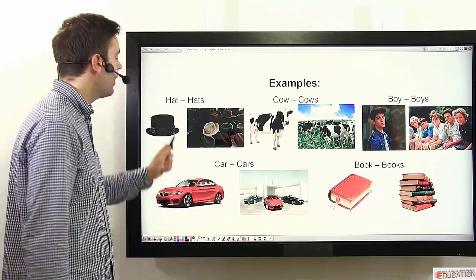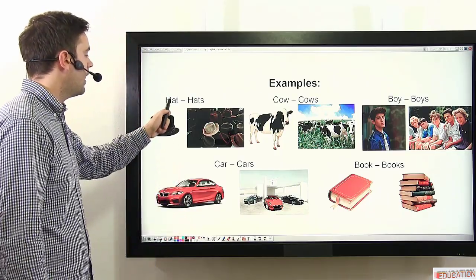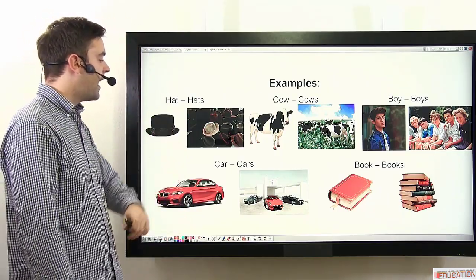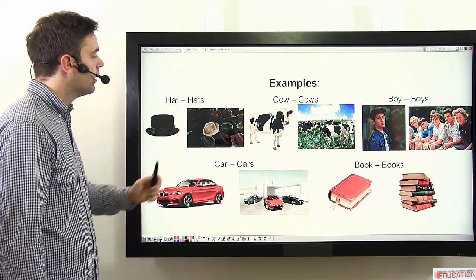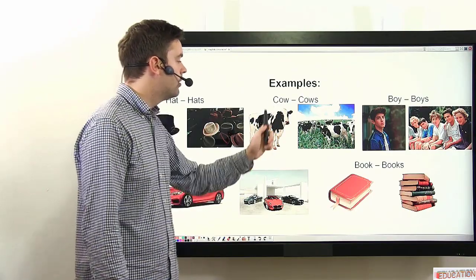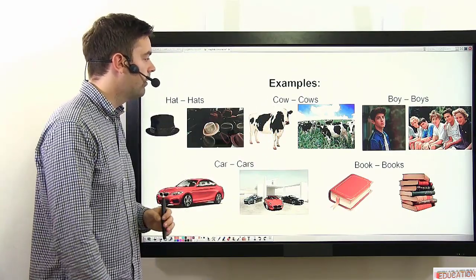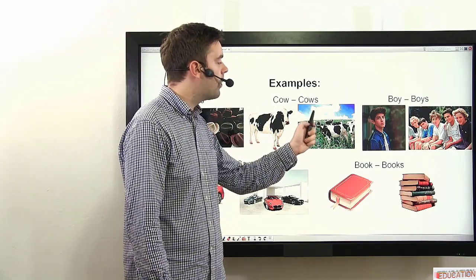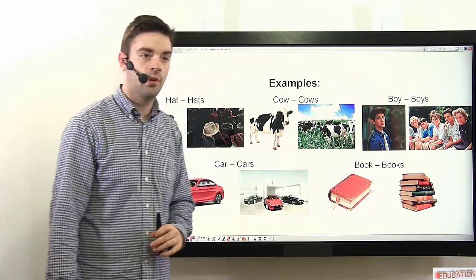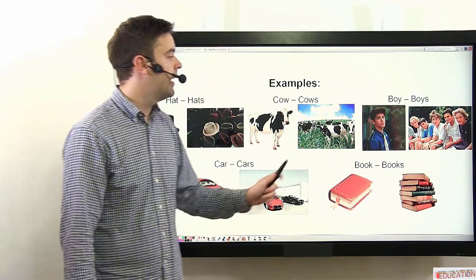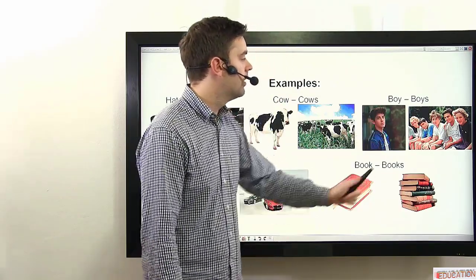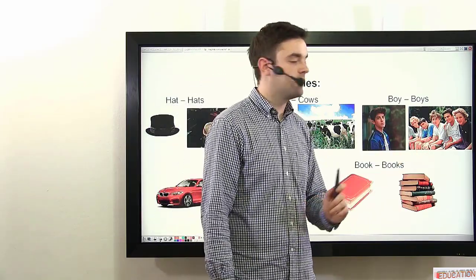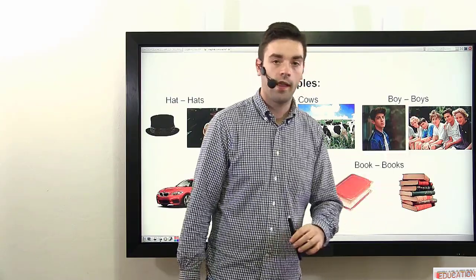So, here we have hat, H-A-T, changes to hats, H-A-T-S. Here we have a cow, C-O-W. Here we have cows, C-O-W-S. Here we have a boy, B-O-Y. Here we have boys, B-O-Y-S.